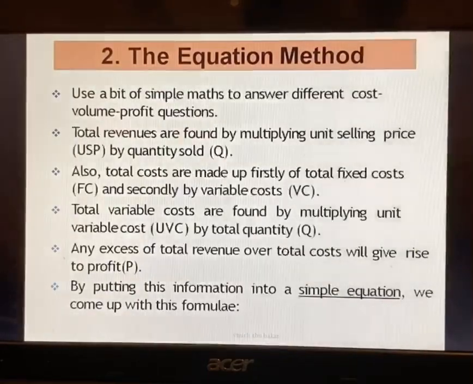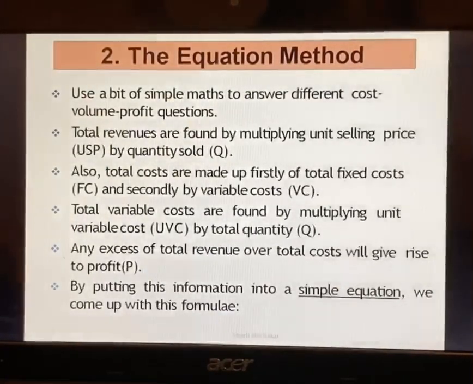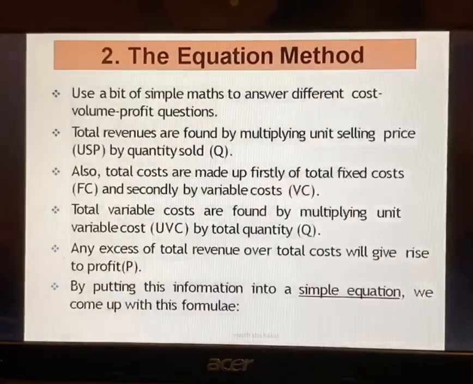Also, the total costs are made up firstly by the total fixed costs and secondly by the variable costs. Total variable costs are found by multiplying the unit variable cost by the total quantity. And any excess of total revenue over total cost will give rise to profit.